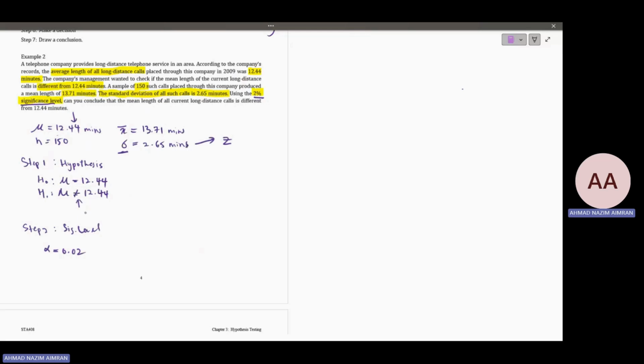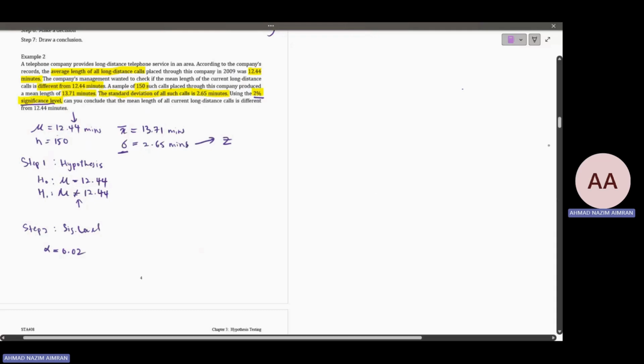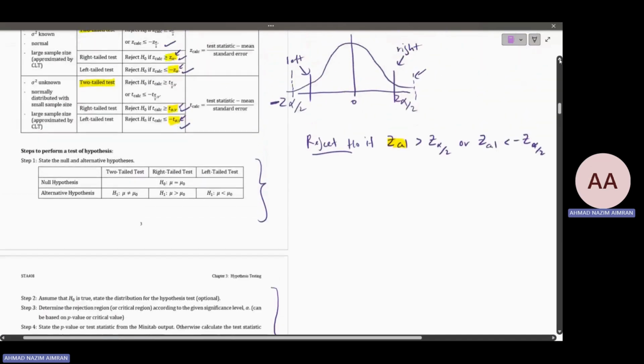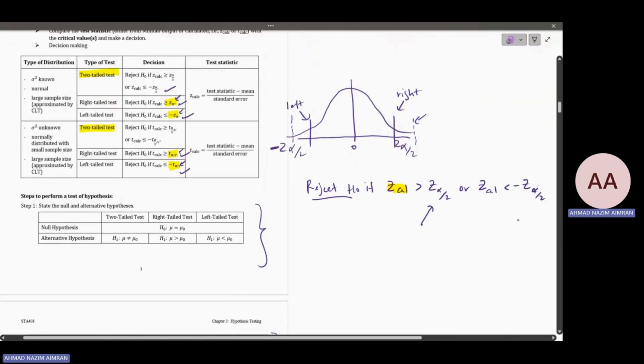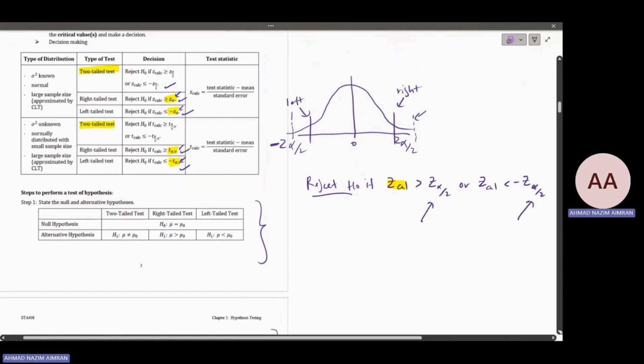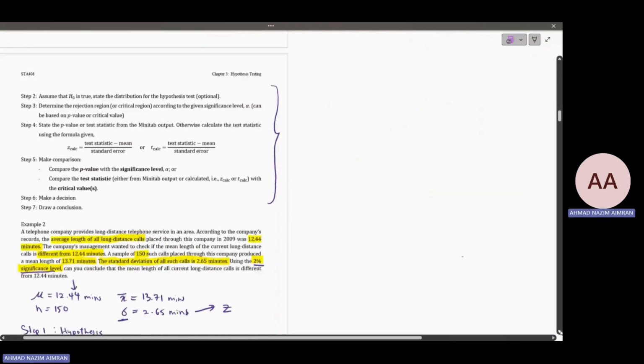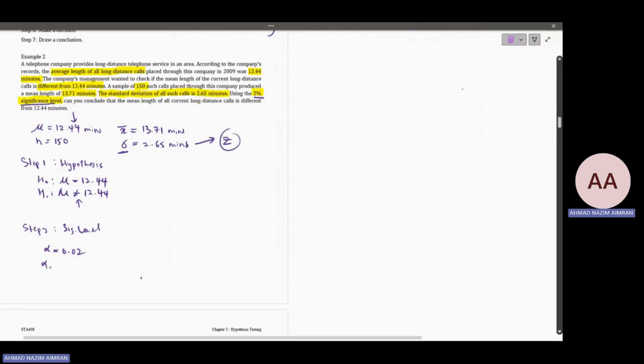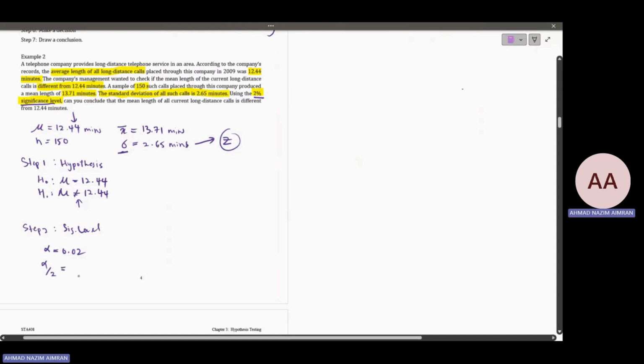Different or not is like this. This is two-tailed test. And as discussed earlier, when it comes to two-tailed test, we need to use alpha over 2. Significance level is alpha over 2, right? So 0.02 over 2 is equal to 0.01.